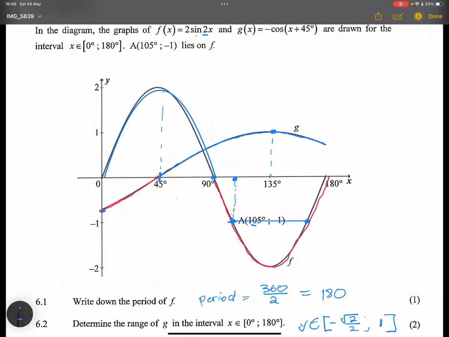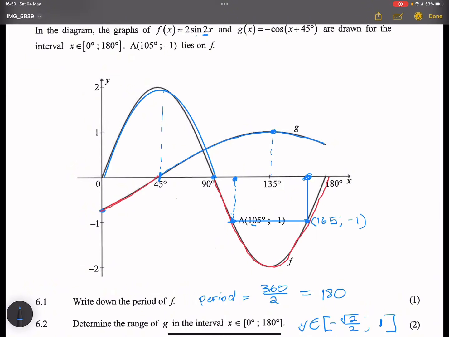It will also be another 15 degrees away from 180, so 180 minus 15 gives us 165. So this will be 165 and -1.